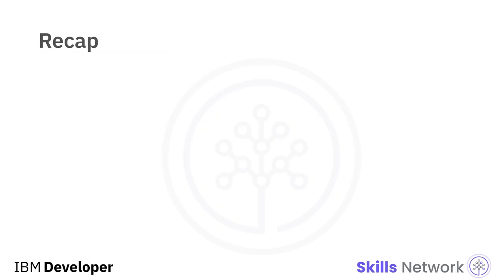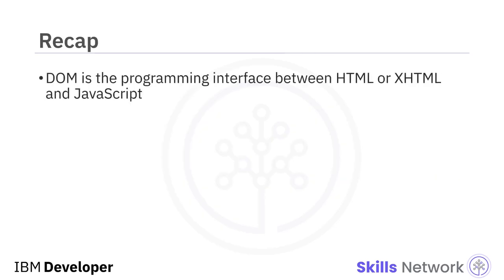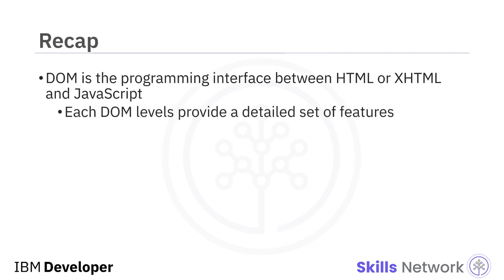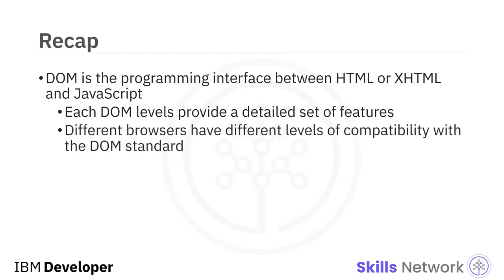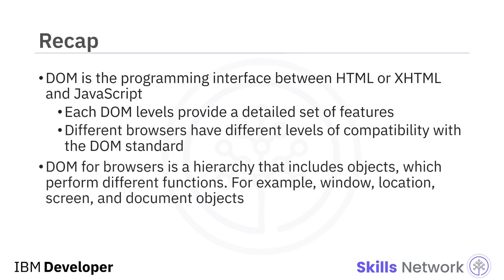In this video, you learned the Document Object Model, or DOM, is the programming interface between HTML or XHTML and JavaScript. Each successive level of the DOM provides a more detailed set of features for describing structured documents. Different browsers have different levels of compatibility with the DOM standard. The basic DOM for browsers is a hierarchy that includes objects that perform different functions.